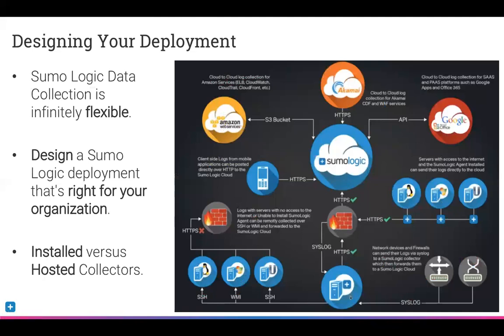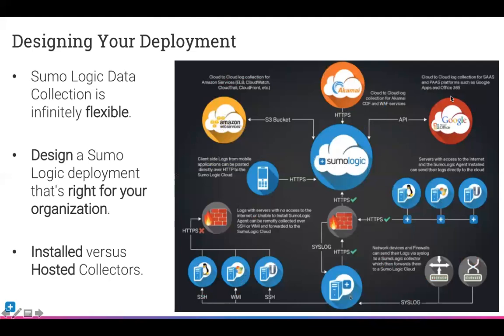You can send us CloudFront data, CloudTrail, your CloudWatch data. All of your AWS data can be sent over to Sumo Logic without really having to install a collector. As a matter of fact, the collector lives on the Sumo Logic side, and then you just tell us how to send that data over to us. It's an HTTP post is what you're doing. Similarly, you can send Akamai data over to us, CDN and WAF services you can send over.